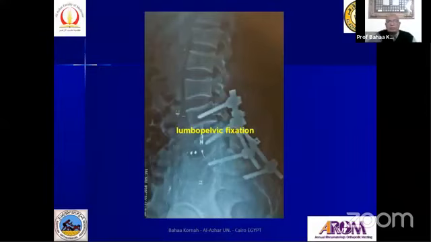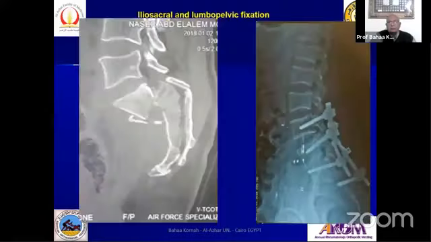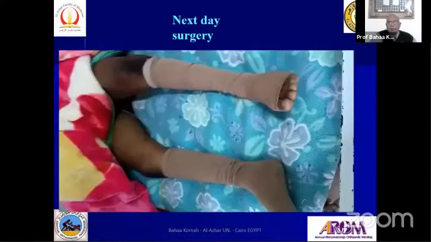And this is a lateral view, and you can see the complete reduction of the sacral fracture. And this is the pelvis, and you can see that the pelvis has become within normal. And this is the pre-operative and post-operative. And this patient's video film shows that he is improving his function after the surgery, starting to have some movement. The film is not working.